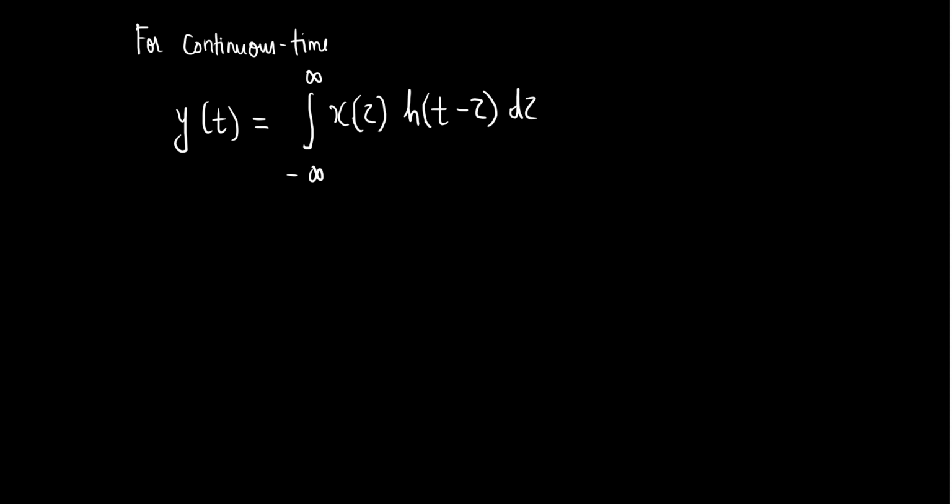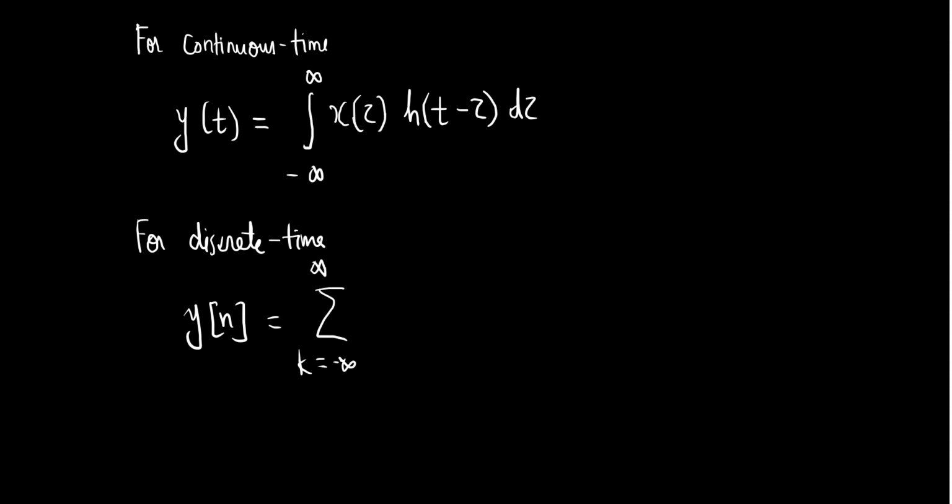Now there is a very close analogy between the continuous time and the discrete time case. For discrete time, it was y of n equals summation k equals minus infinity to infinity of x of k, h of n minus k.